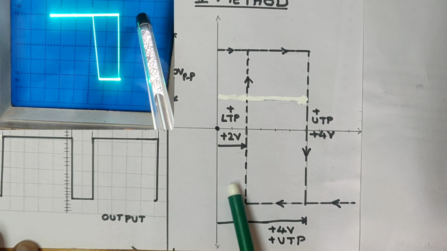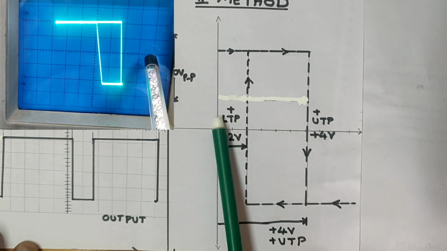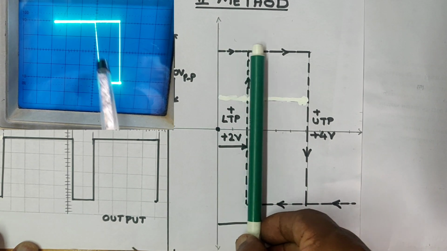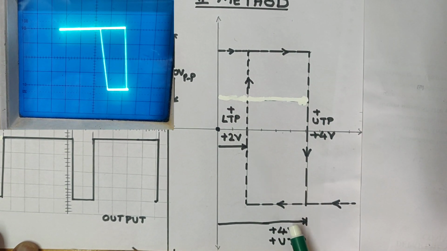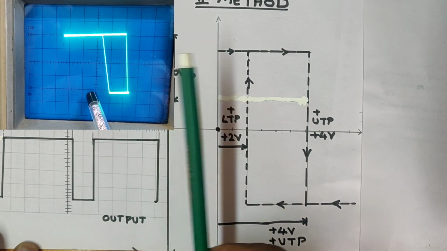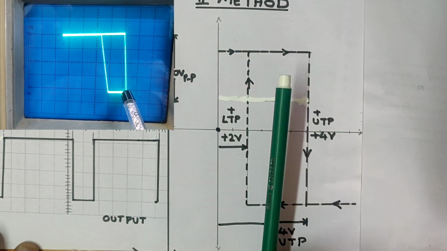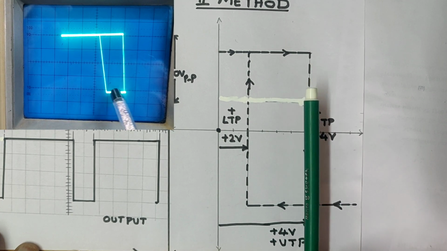Actually you will get practically 2 divisions multiplied by 2 volts per division, which is 4 volts. So both UTP and LTP are on the positive side, that's why it is called positive, and this can be shifted to the left side also, or in between, one positive and another negative. It is possible by design and reference voltage variations.